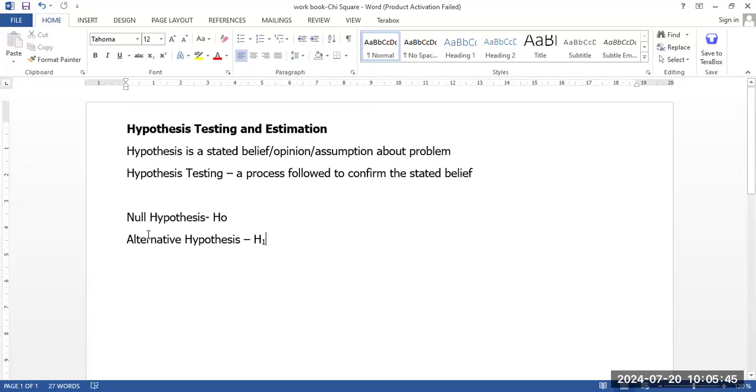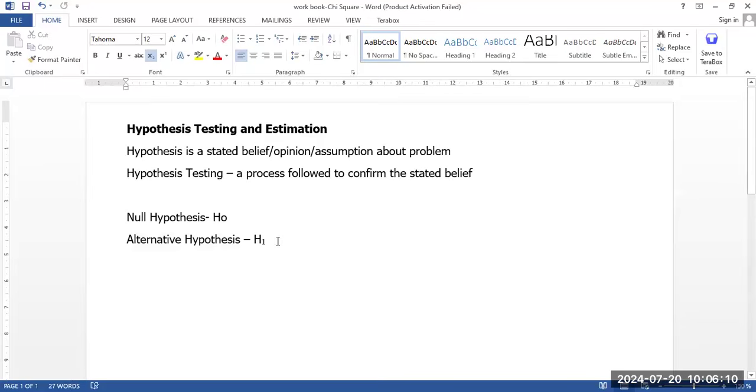So types of hypothesis, we have the null hypothesis. This is always the stated one that is going to be tested. Then at the end of it all, we confirm whether what you stated is true or false. If we find that what you stated is false, then the true one will be the alternative hypothesis.